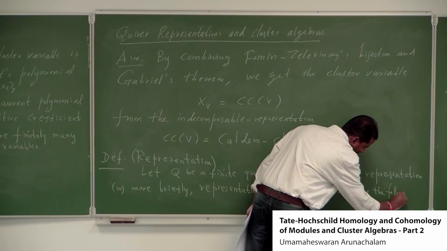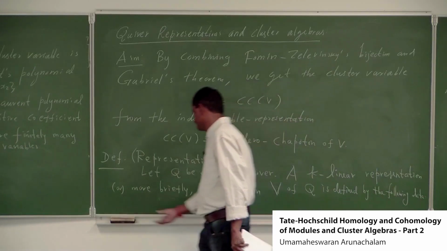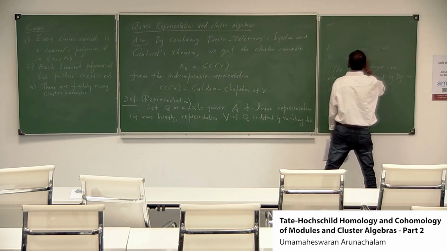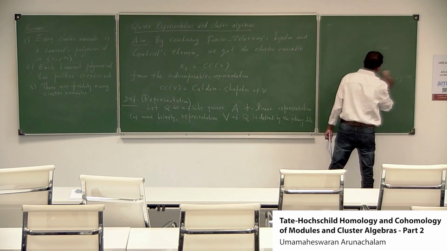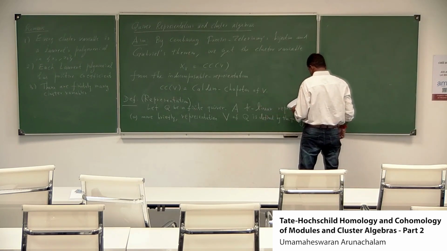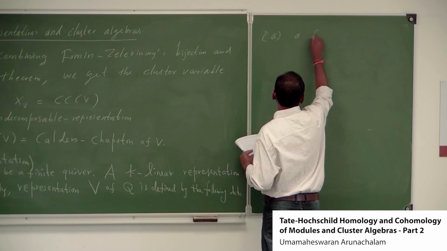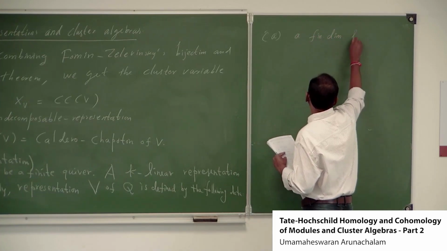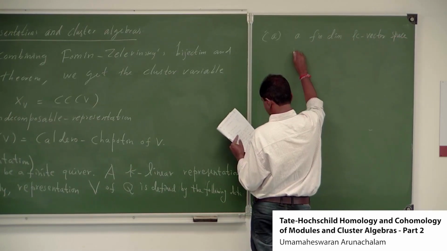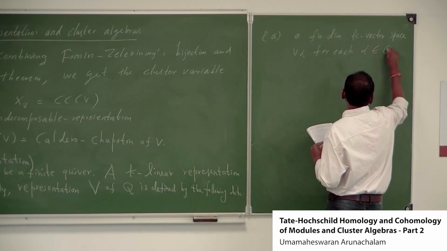The first one: a finite dimensional K vector space Vi for each vertex i in Q0.